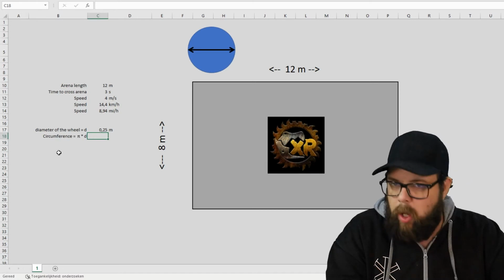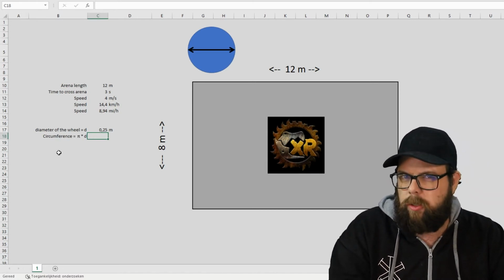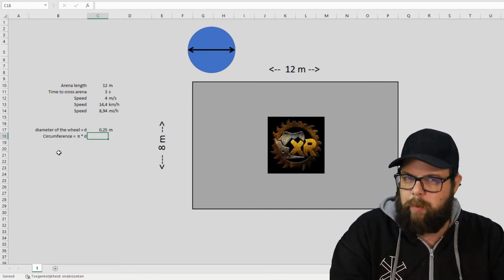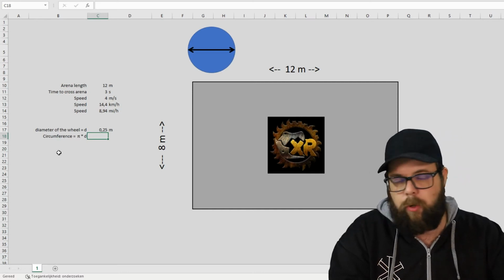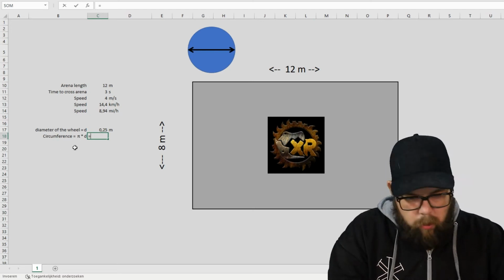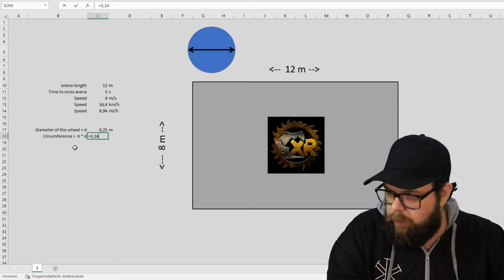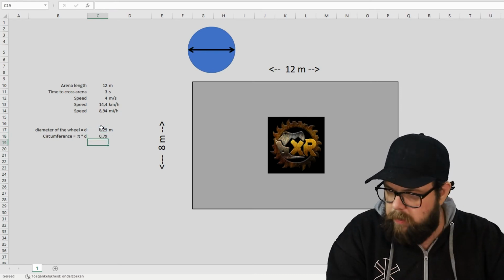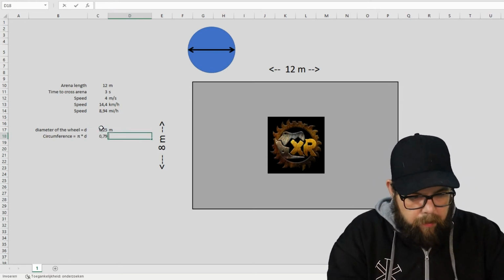Let's calculate that. Pi, if you don't know, well, you must know, otherwise you didn't pay attention in school. Pi is roughly 3.14. So it's 3.14 times the diameter in meters.